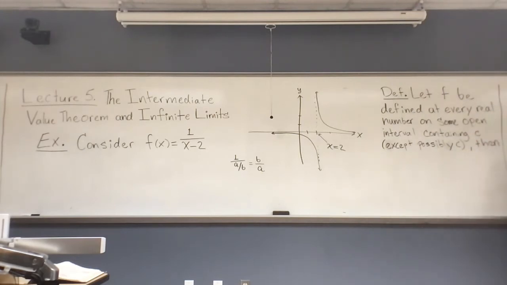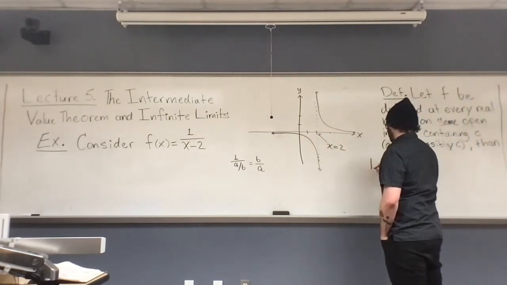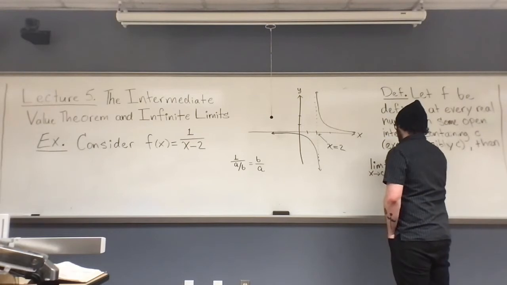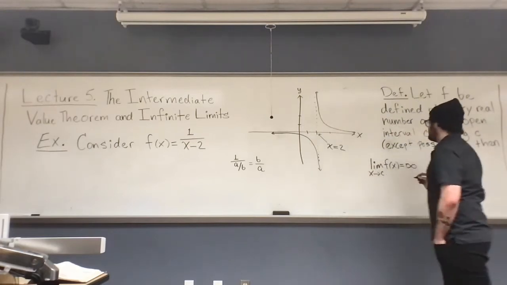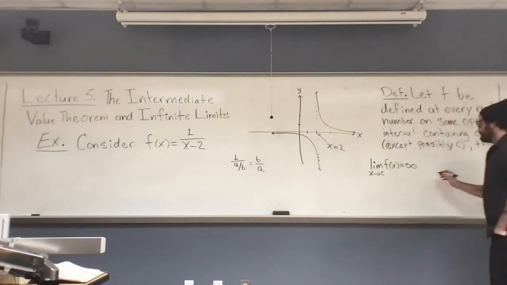here's the definition part. All right, so we write the limit as x approaches c of f of x is equal to infinity. We write that, but let me elaborate on that in a moment.